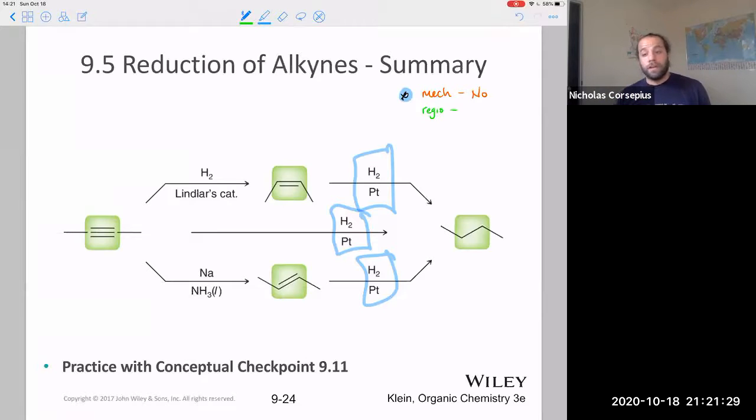Regioselectivity, there is no regioselectivity because you're adding hydrogens to both positions, right? So there's not sort of like, which carbon do I add my hydrogen to? You're adding hydrogens to both.